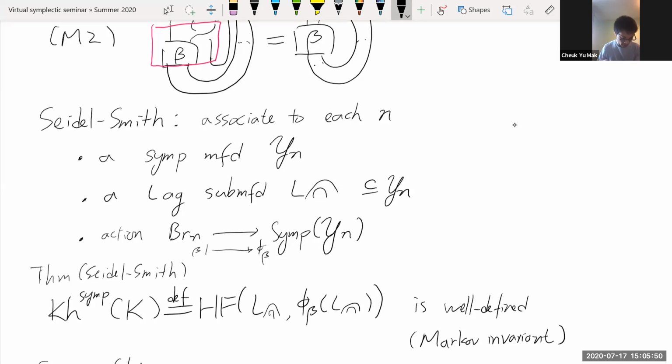The symplectic Khovanov homology is simply defined as the Lagrangian Floer cohomology between this distinguished Lagrangian and the beta image of this distinguished Lagrangian, where beta image is the image of beta under this group action. What they prove is that this is a Markov invariant, which means that it is a well-defined link invariant.